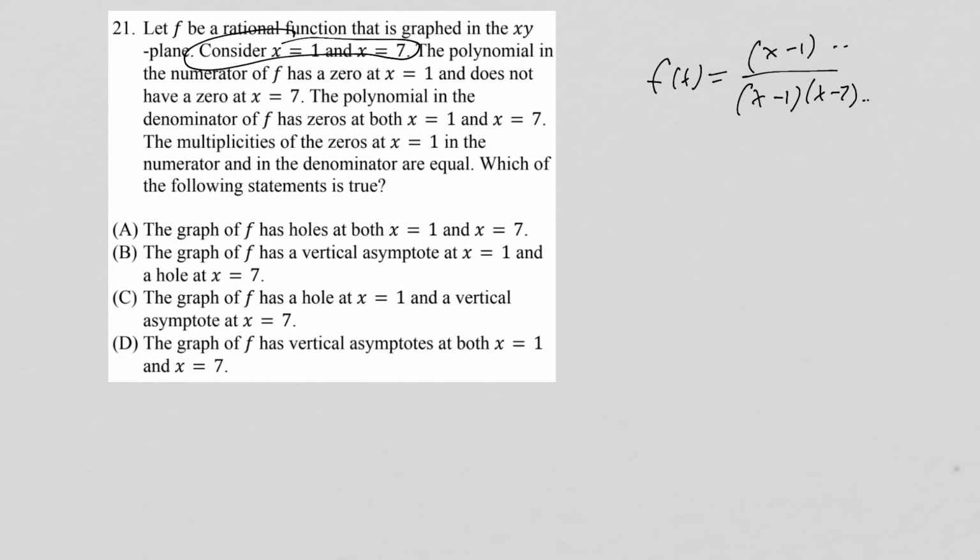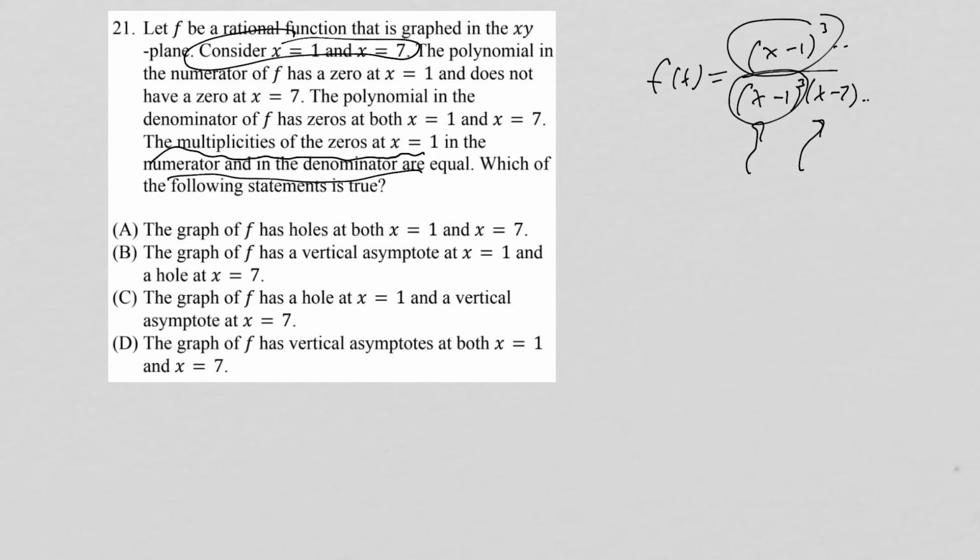Now there's more stuff, but they're just not telling us. Ooh, the multiplicities of the zeros at x equals 1 in the numerator and denominator are equal. That means if there's like an exponent here, like a 3, there'd be a 3 here also. So here's what they're getting at. Normally when the denominator is 0, there is a vertical asymptote. And they had a question about this, one of the first questions actually. Except when the numerator has the same thing and they cancel out, then there's just a hole there.